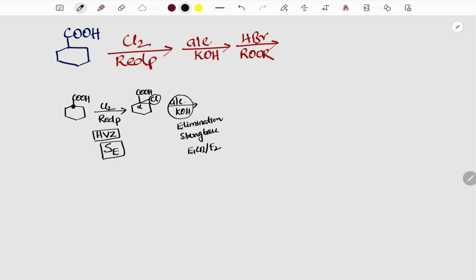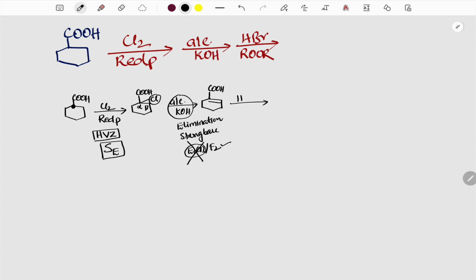But if I write alpha and beta, the E1CB conditions are not present, because at the beta position a minus R should be there, but there is no minus R at the beta position. Therefore no E1CB, the only possibility is E2. According to the E2 mechanism, we get the corresponding unsaturated carboxylic acid, because of the double bond.